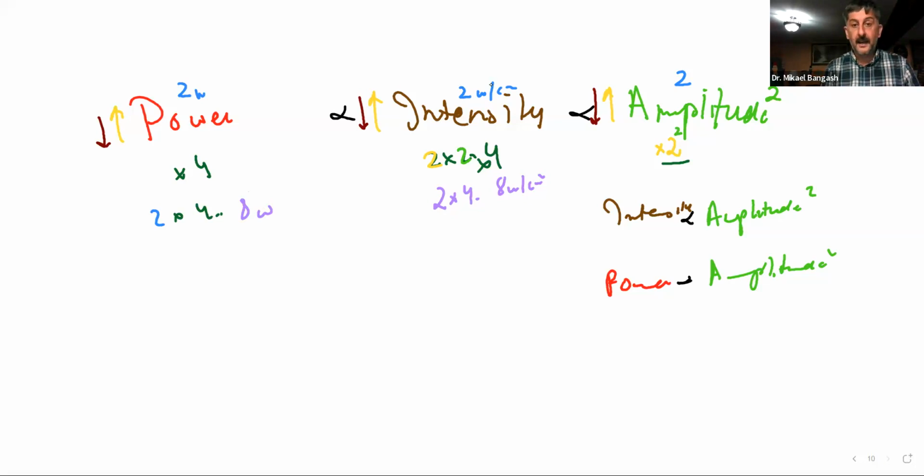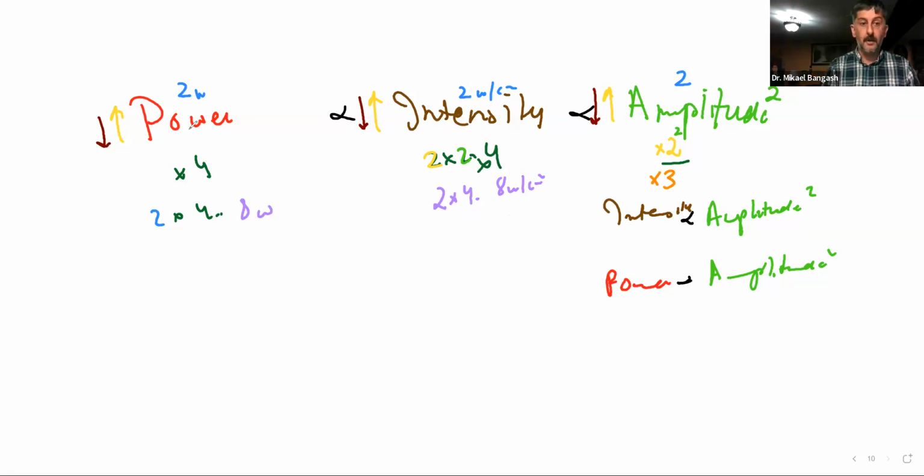We can still take the same amplitude. But let's say the amplitude of the brain increased 3 times, and we still have the same initial intensity and power of 2 watts and 2 watts per centimeter square.